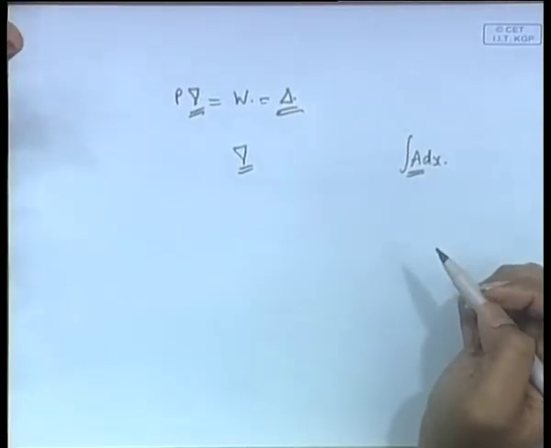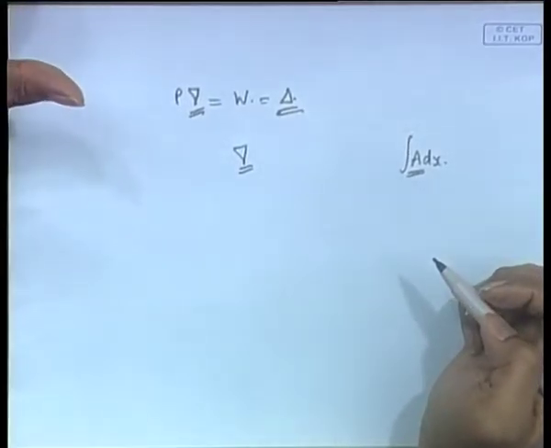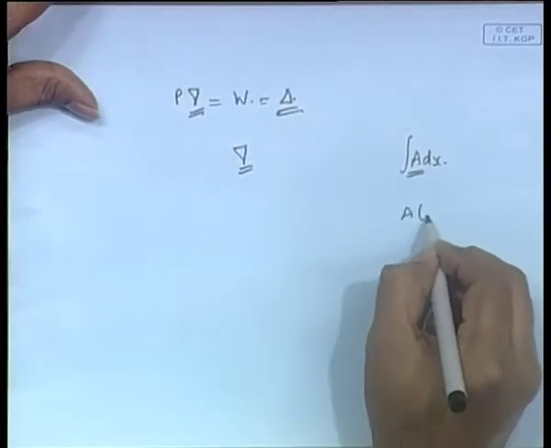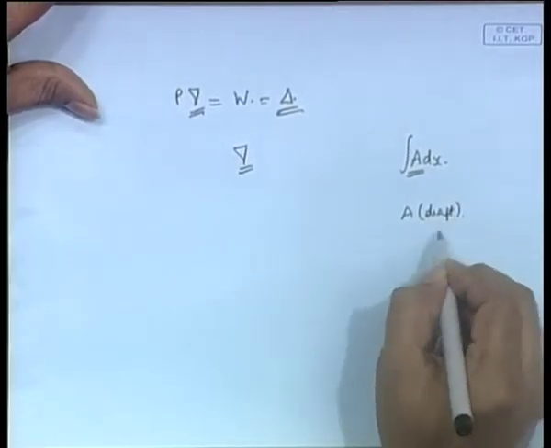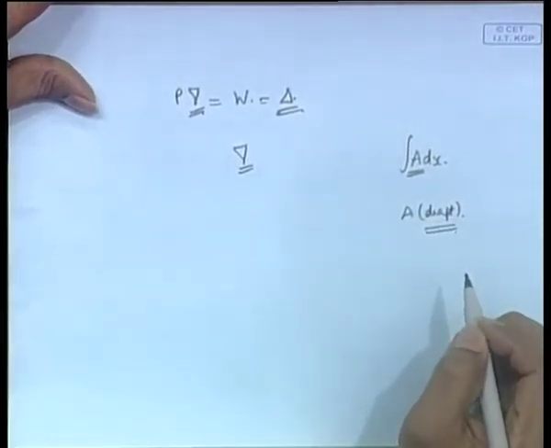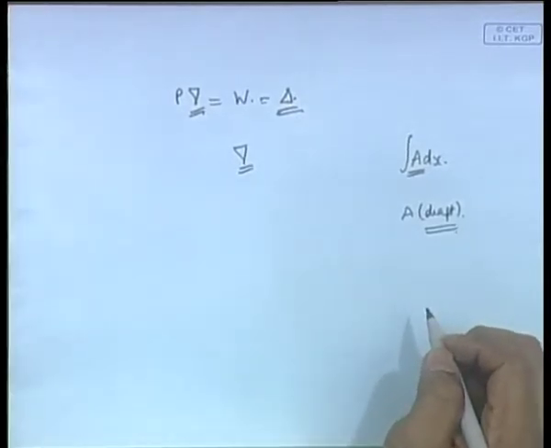Again, how will you change A? That is the sectional area. Sectional area is a function of draft. So, the only way you can change A is by changing the draft. By shifting the draft upwards or downwards, you will end up with a different value of A, the sectional area at that draft, and when A changes, you will get a different volume.